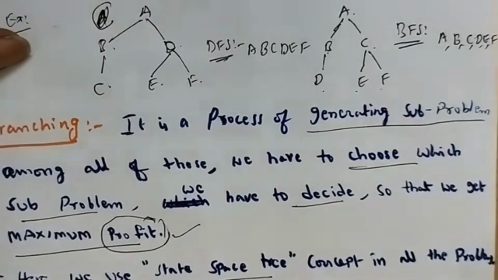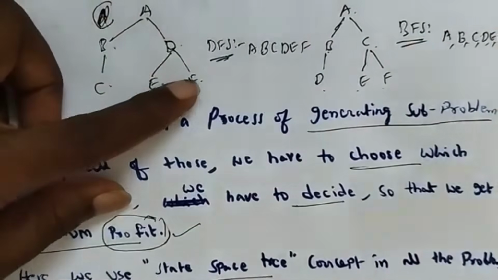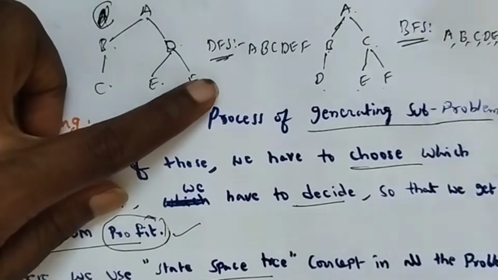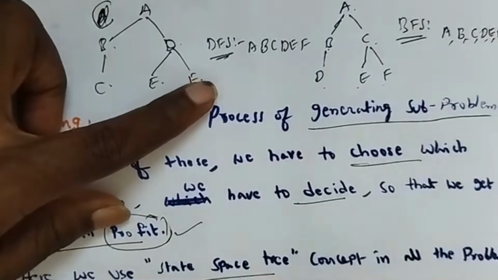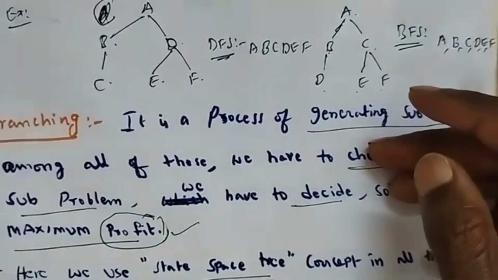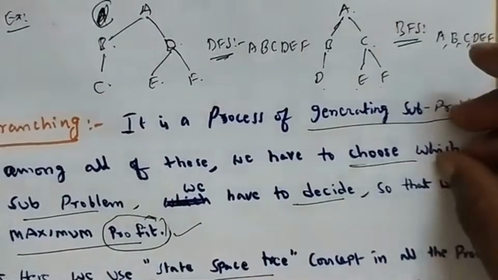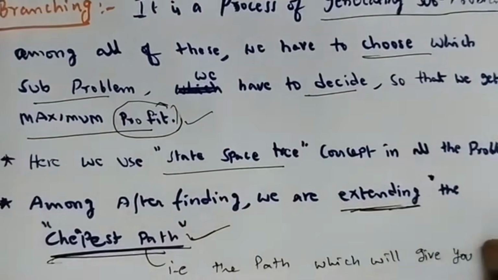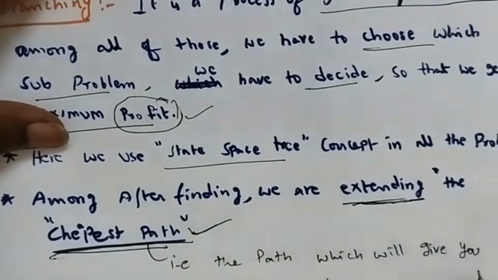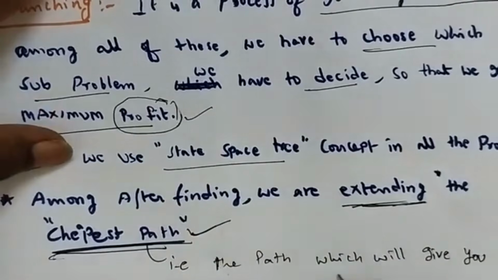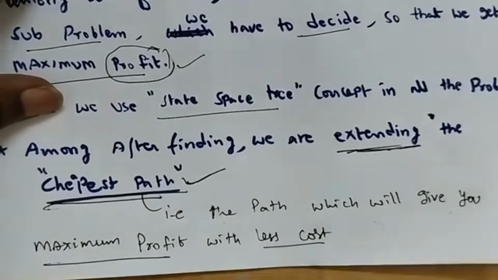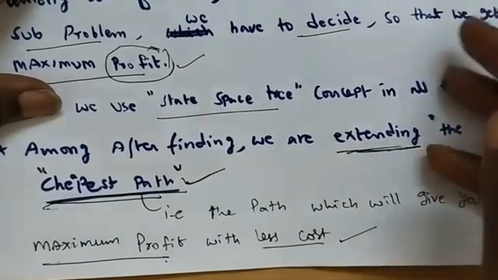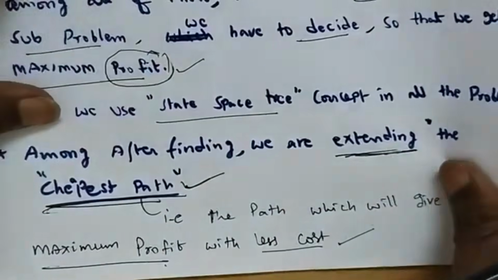After finding, we extend the cheapest path. Where the least value is available, that path will be extended. Where the path is cheapest, that will be extended. That means the path which will give you minimum cost will be extended to the next level.